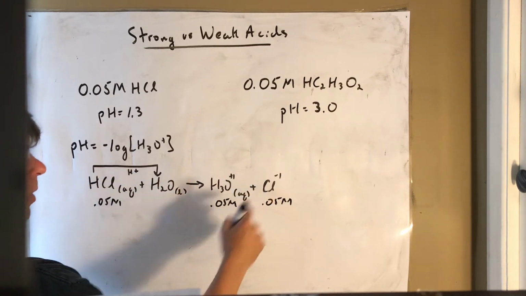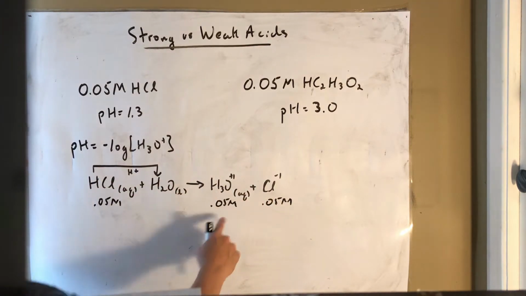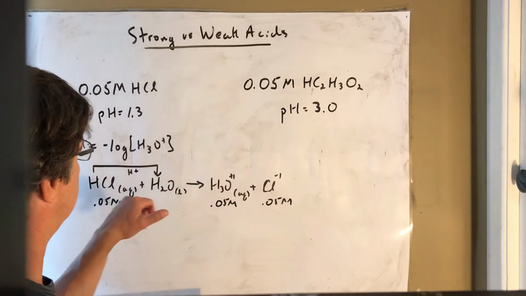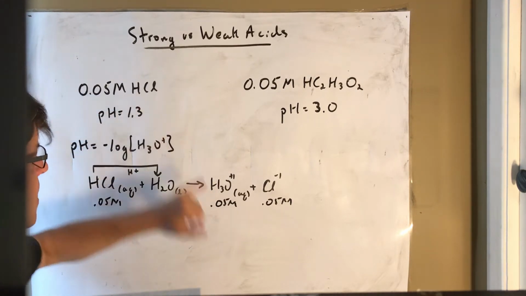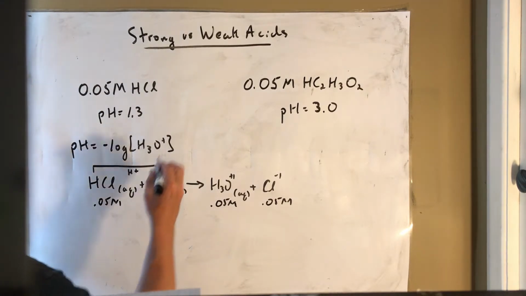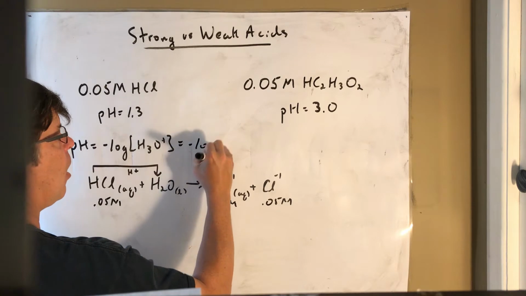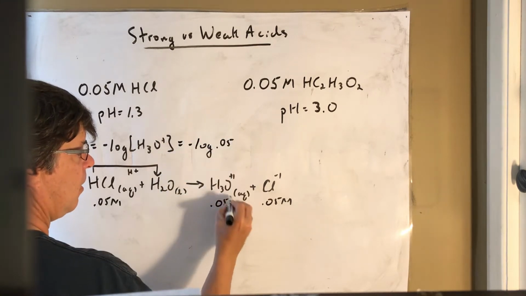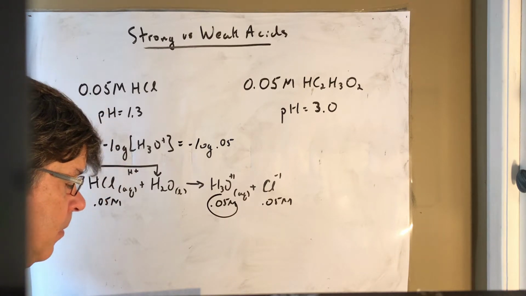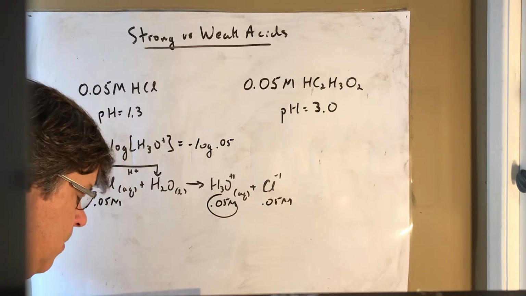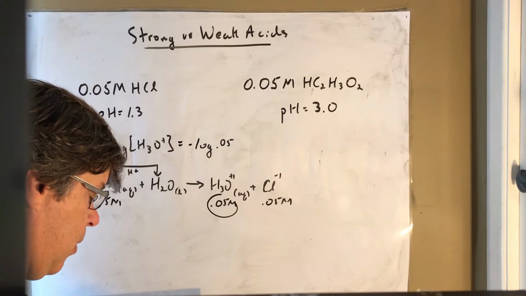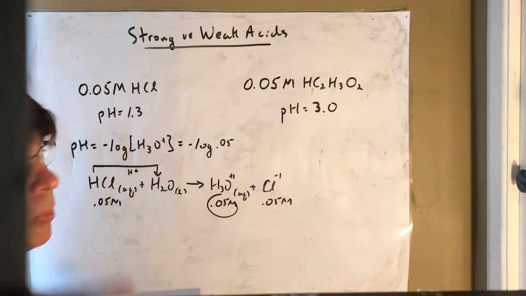So for a strong acid, the concentration of the acid is going to be the concentration of the hydronium ion. So if we plug in the negative log of 0.05, guess what? You get 1.3.